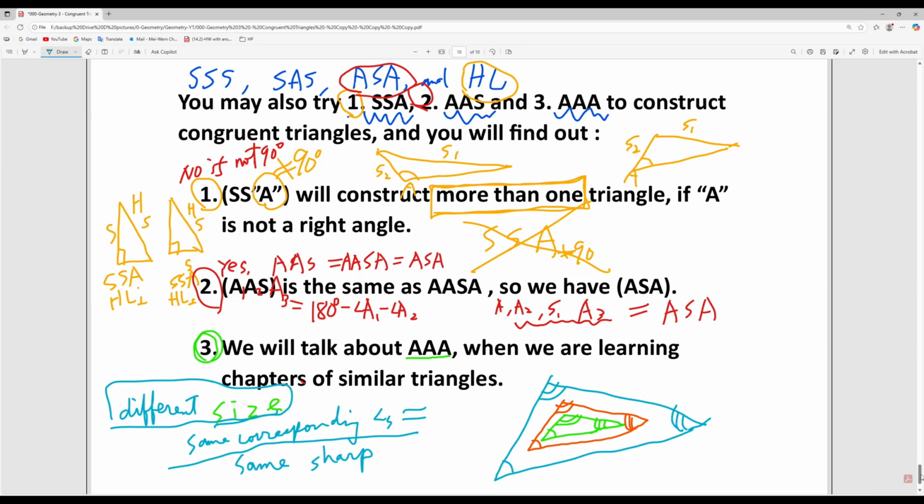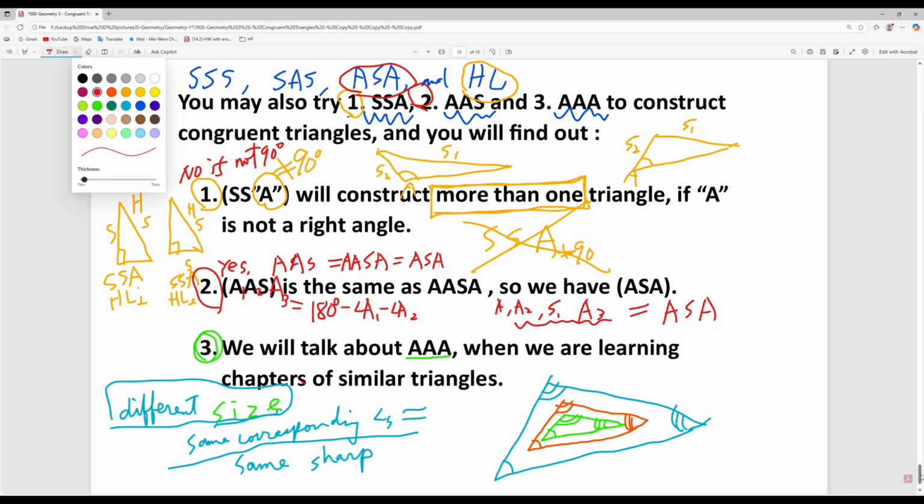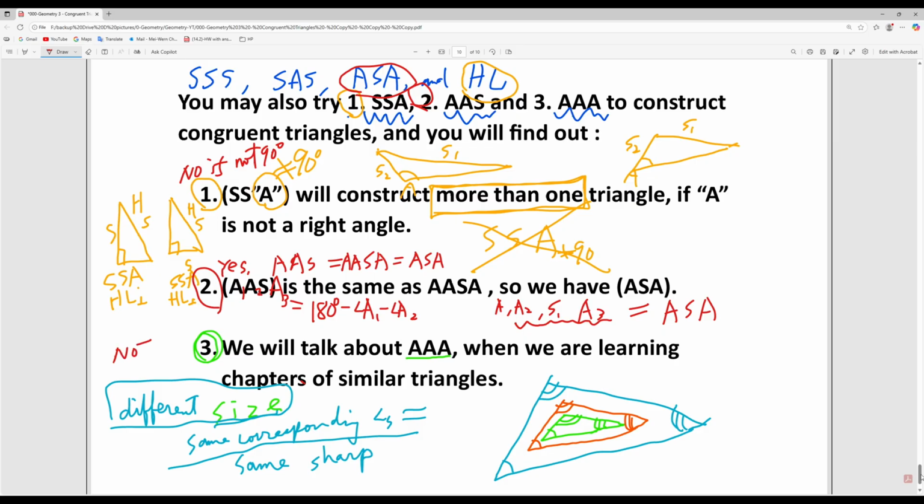Therefore, we say no guarantee, not sure they are congruent triangles. If AAA and SSS, then yes, right? But they didn't say SSS. Therefore, AAA can only guarantee the same shape.